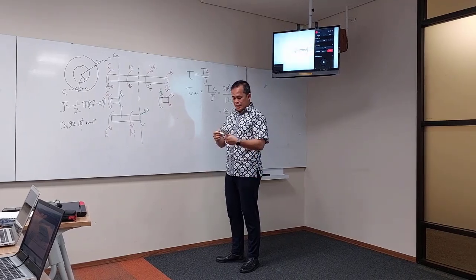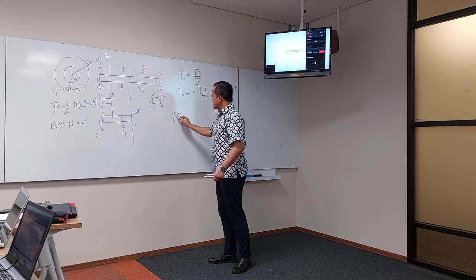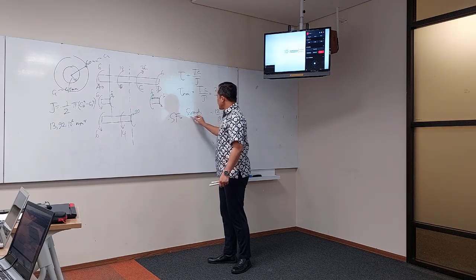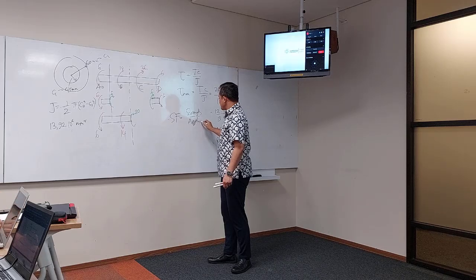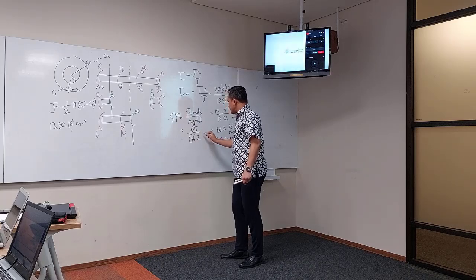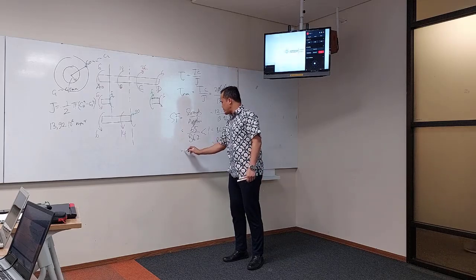Now my question is, what is the safety factor? Safety factor is defined by the limit of the strength divided by the applied. 65 over 86.2, less than 1.